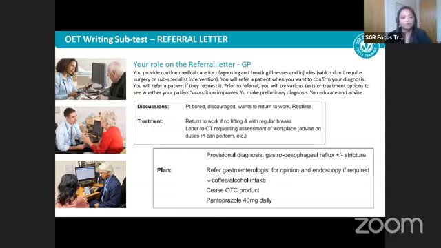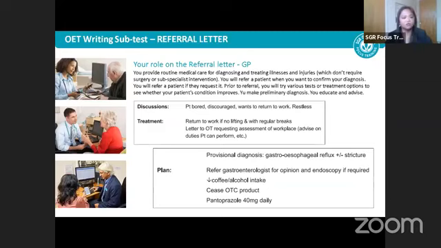So if the case note informs that you are a GP, you as a GP provide routine medical care for diagnosing and treating illnesses and injuries, typically the ones that don't require surgery or specialist intervention.